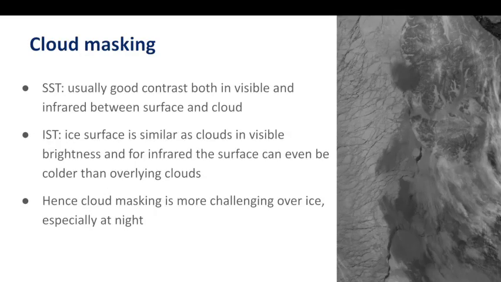Now for cloud masking and the difference between cloud masking over sea and over ice. For SST retrieval, there's usually a good contrast both in the visible and infrared between the sea surface and clouds, while for the ice retrieval the ice surface is similar to clouds in the visible brightness, and for infrared, its surface can even be colder than the overlying clouds, and hence the cloud masking is more challenging over ice, especially at night time.